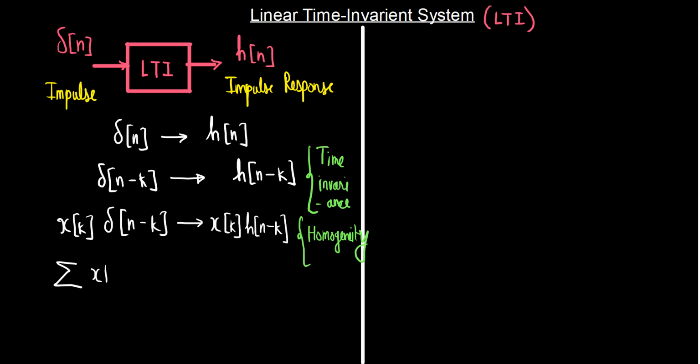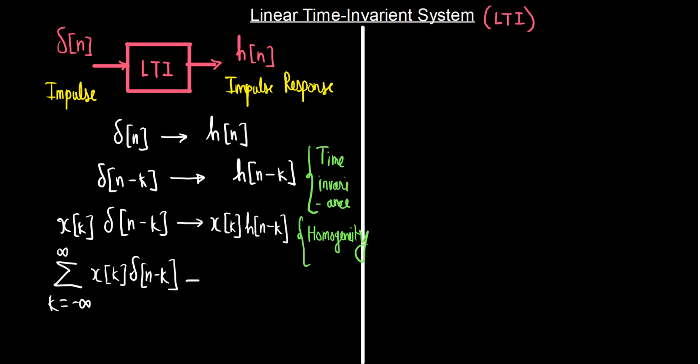Let's say x of k into del of n minus k, with k varying all the way from minus infinity to infinity. What does this mean? We have taken the linear combination or the summation of individual scaled and shifted versions of the impulses.